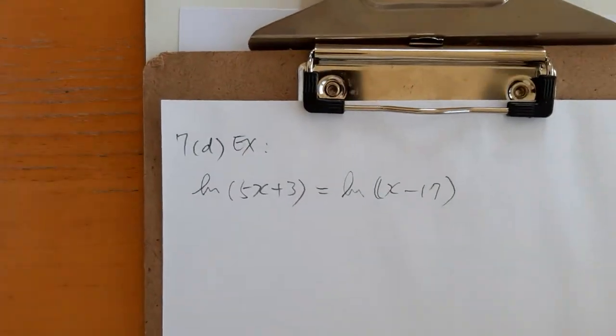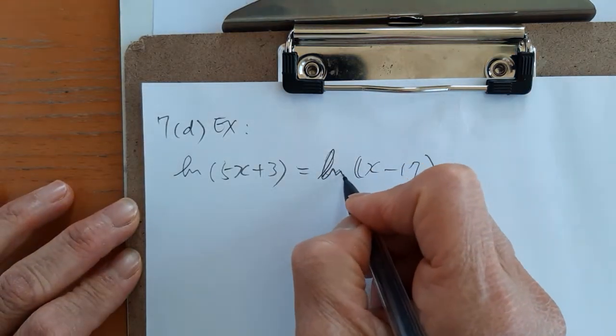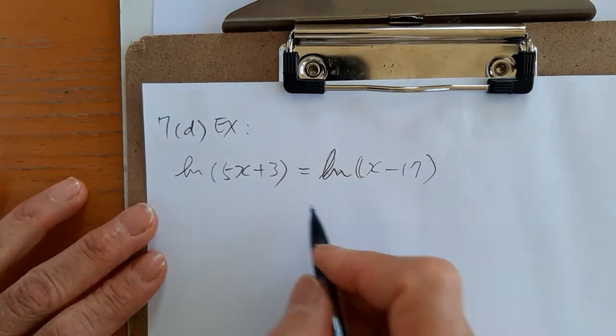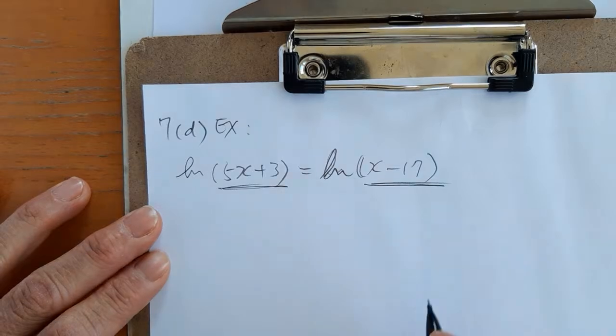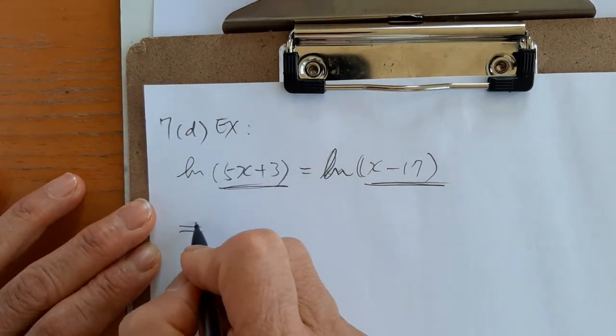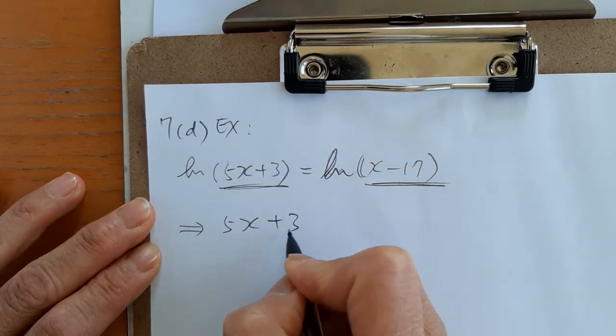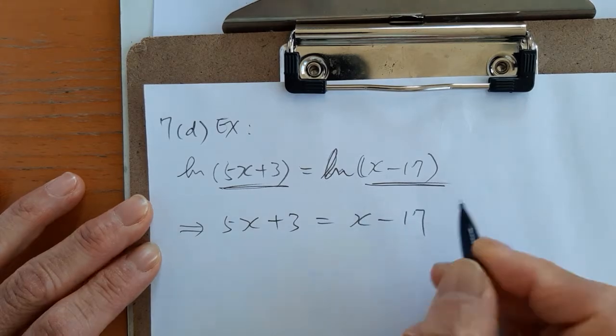Solve for x. Since both are ln, this part should be equal to this part. So we get 5x plus 3 equals x minus 17.